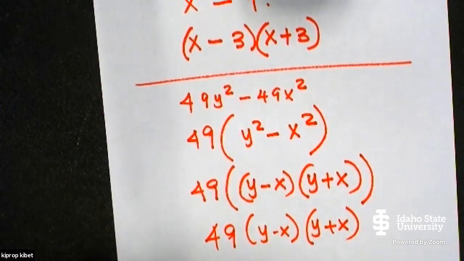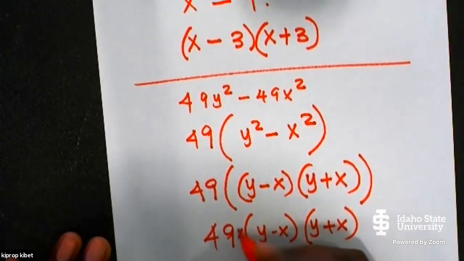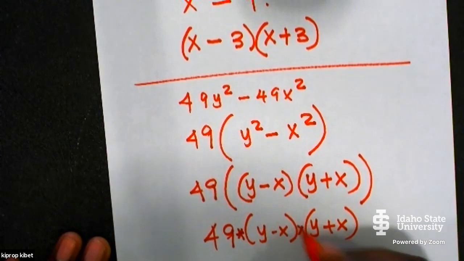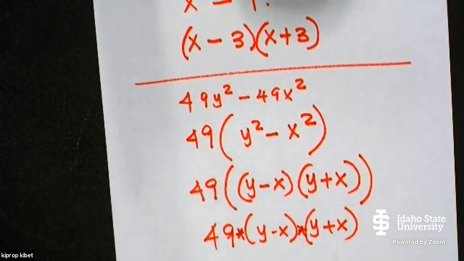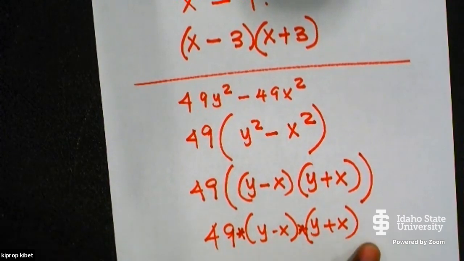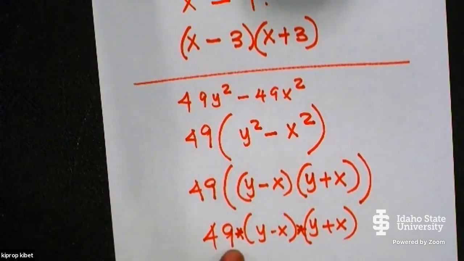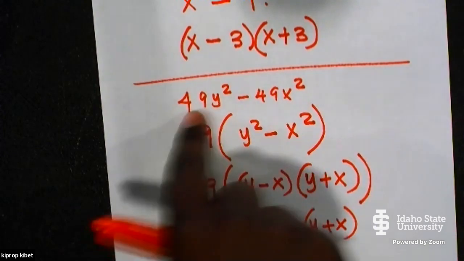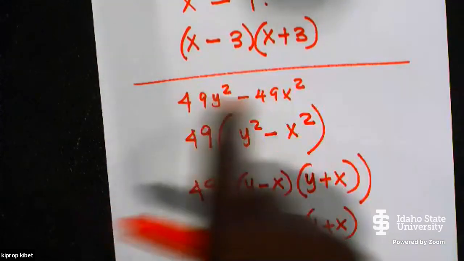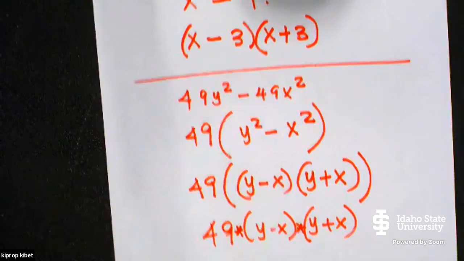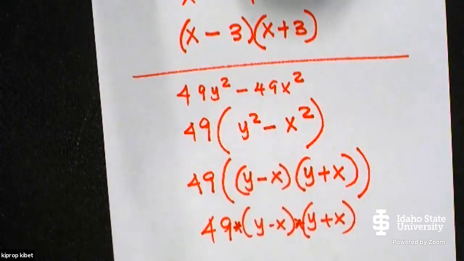So finally, it is the same as 49, y minus x, y plus x. Here this is like multiplication. When you multiply the three factors, definitely what you get is 49y squared minus 49x squared.